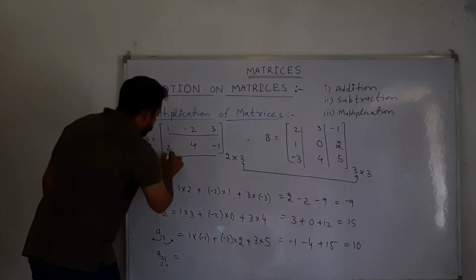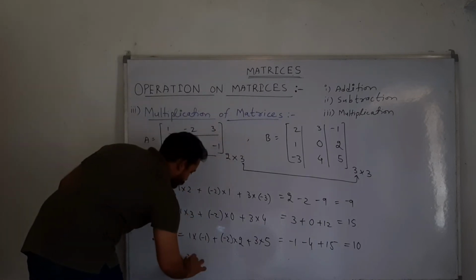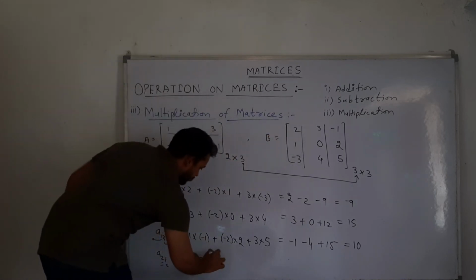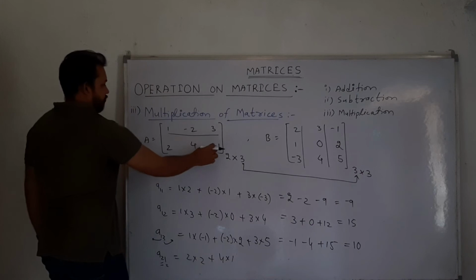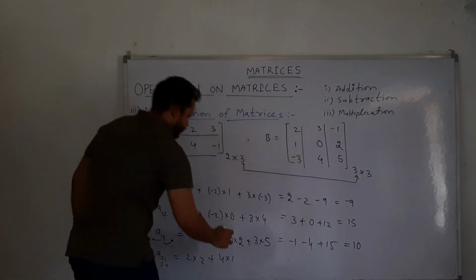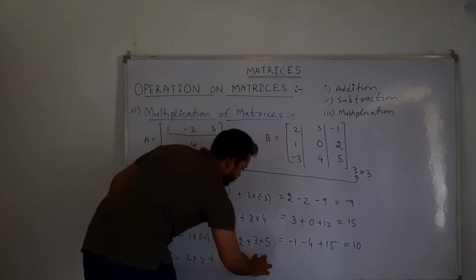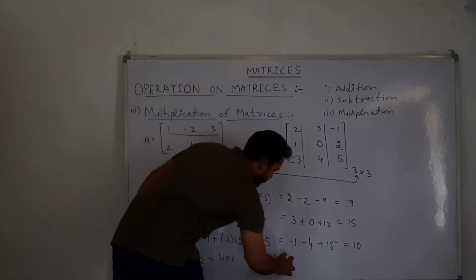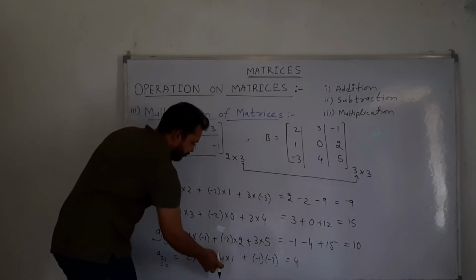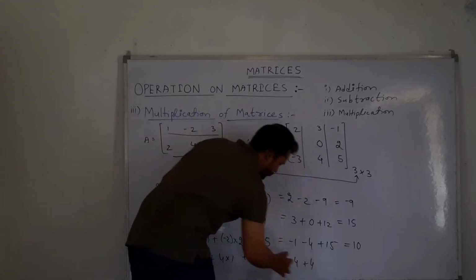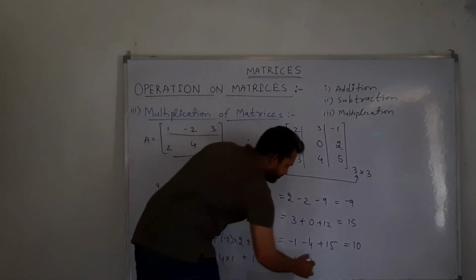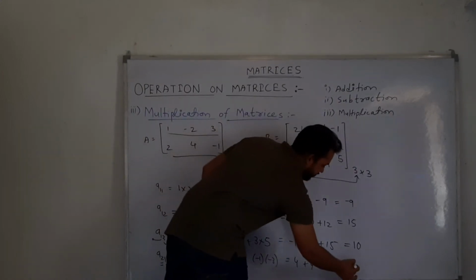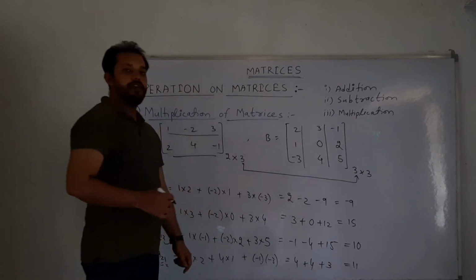So we will get 2 into 2, plus 4 into 1, plus minus 1 into minus 3. 2 into 2 is 4, 4 into 1 is 4, minus 1 into minus 3 is plus 3. Hence we get 4 plus 4, 8, plus 3 is equal to 11.